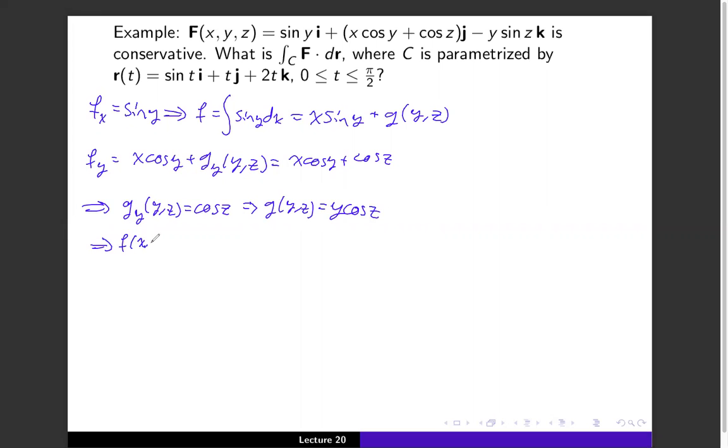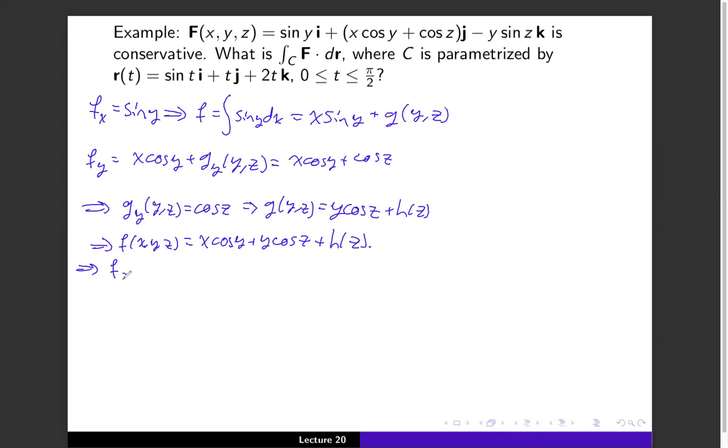Okay, so f of x, y, z so far is x sine y plus y cosine z, and I forgot something important, plus some other function h of z, which I still don't know.